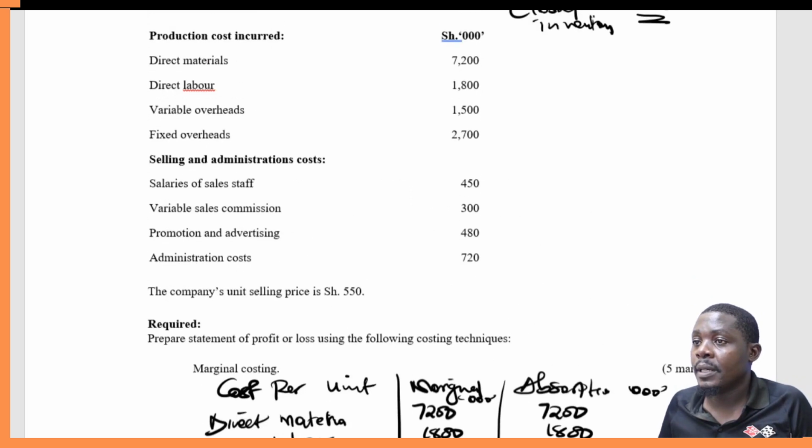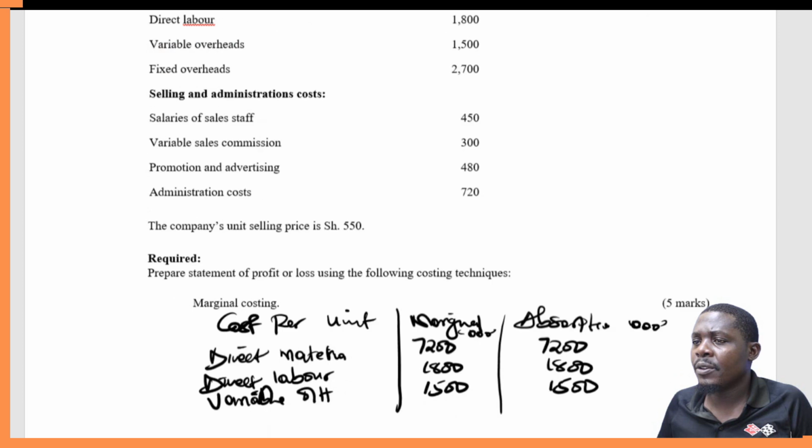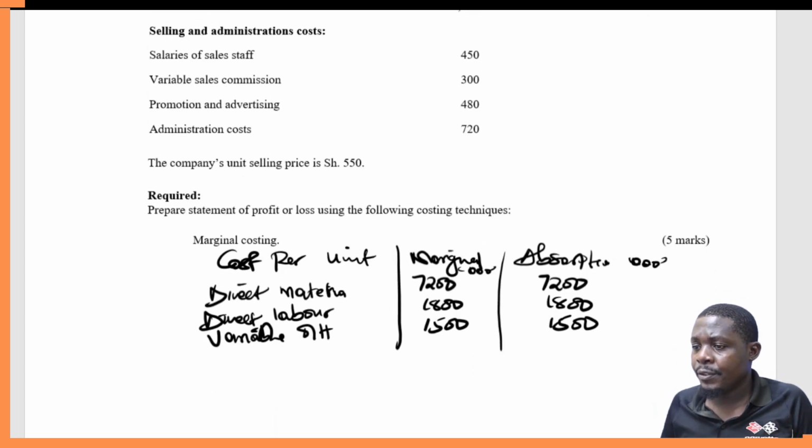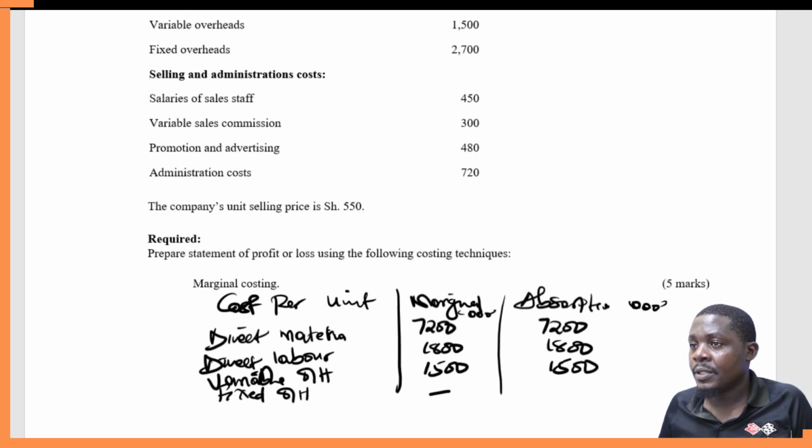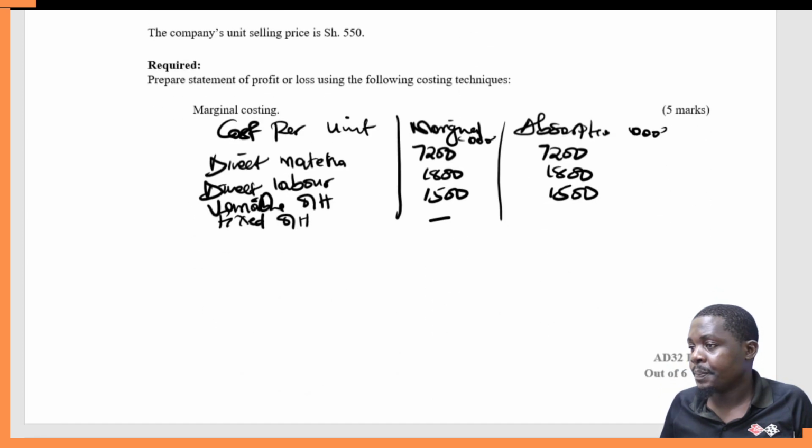Then we had fixed overhead, that here is dash. Then that's 2,700.